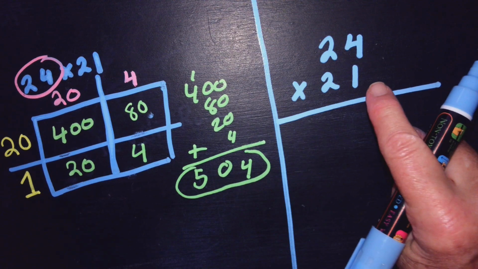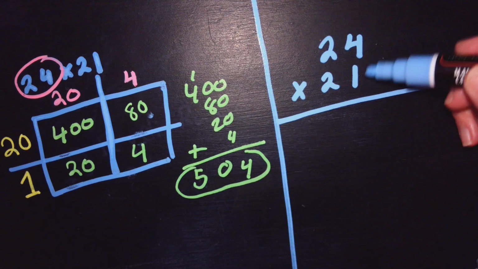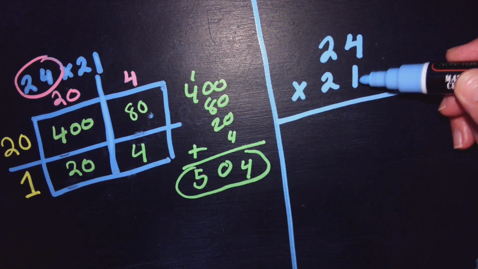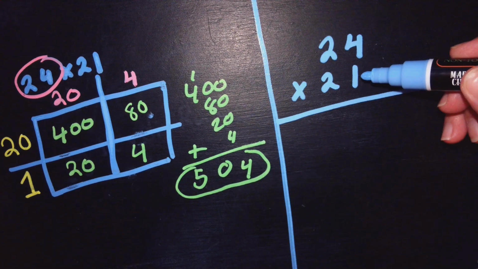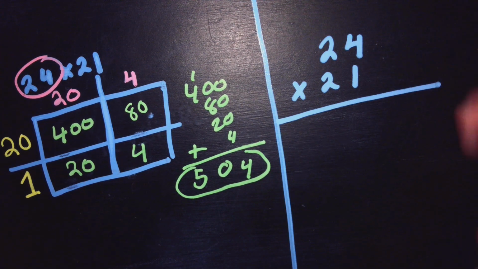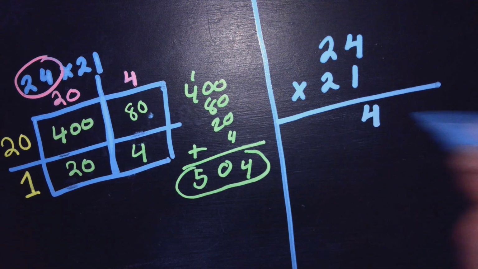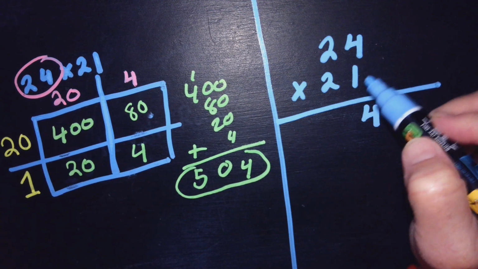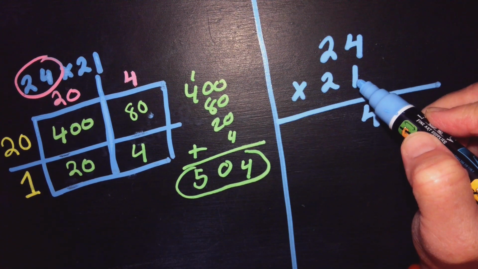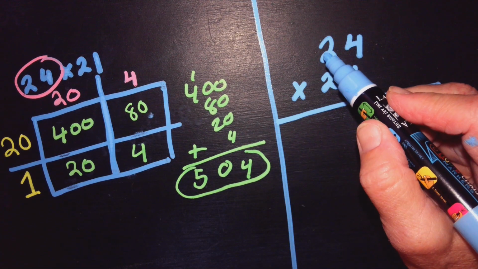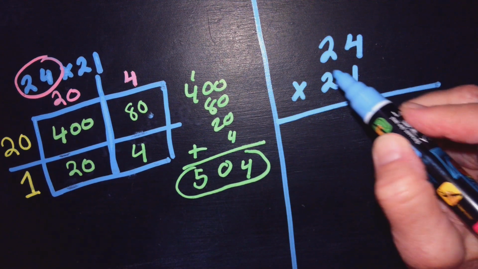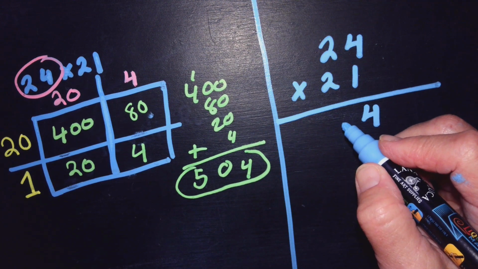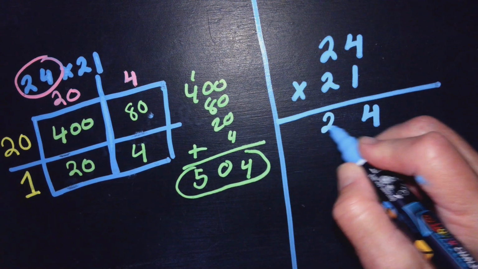When I'm multiplying 1 times 4, I'm multiplying a ones place times a ones place. So my answer is going to be in the ones place. That's why I had you write it out in words last week. So 1 one times 4 ones is equal to 4 ones. Here I have 1 one times 2 tens. 1 one times 2 tens is 2 tens, which would put my 2 there.